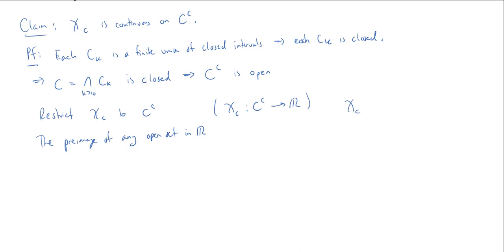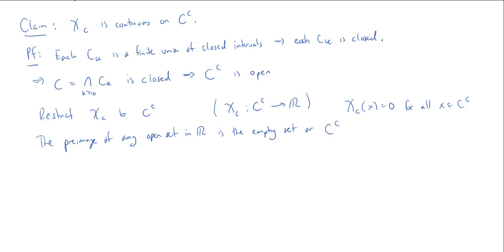Because we know that chi-C of x equals 0 for all x in C complement. This is actually the constant function. So if I don't get 0 out, then the preimage will be the empty set. So the preimage of any open set in R is the empty set. Or, well, what if 0 is in the open set? Well, the preimage of 0 is the entire complement of C.